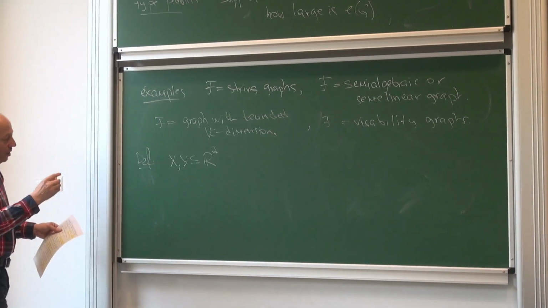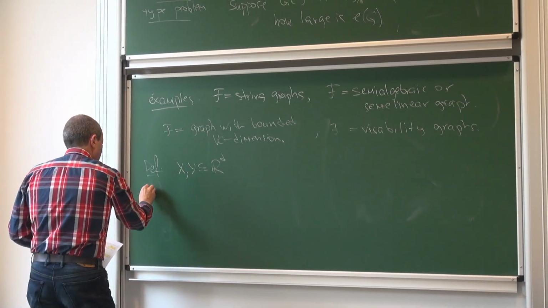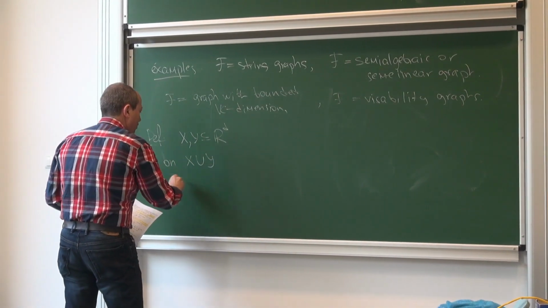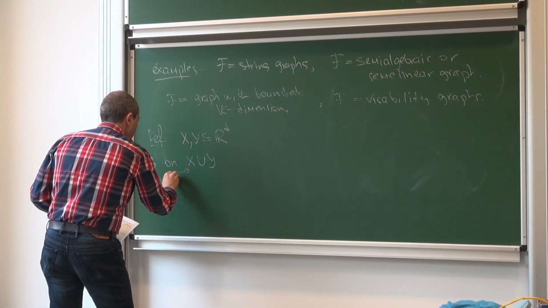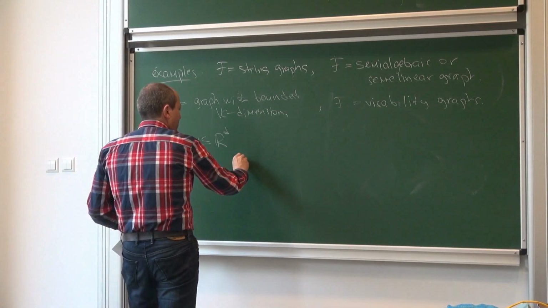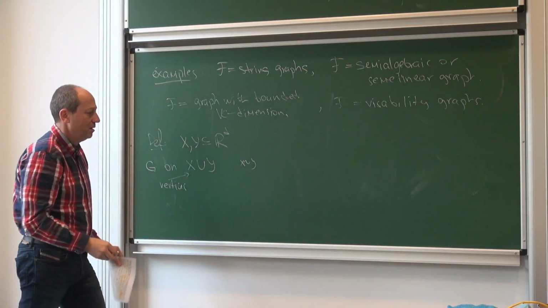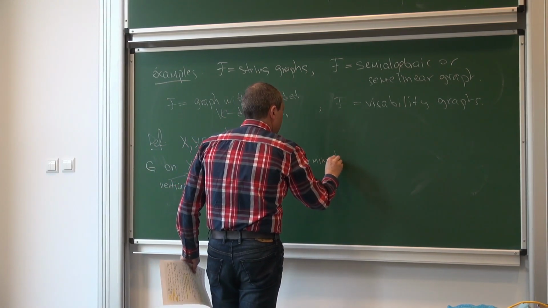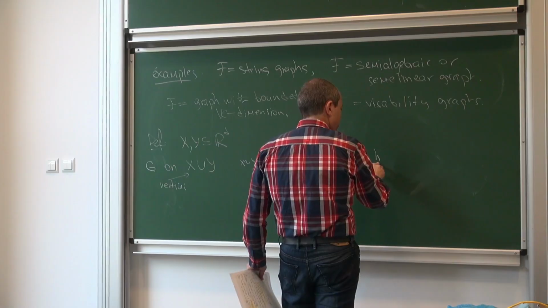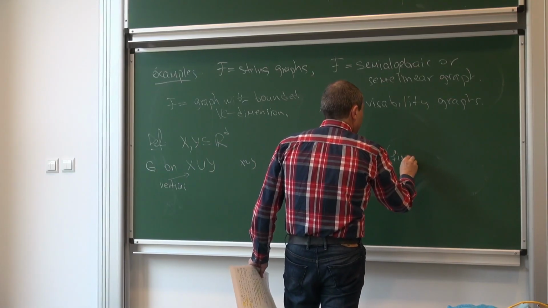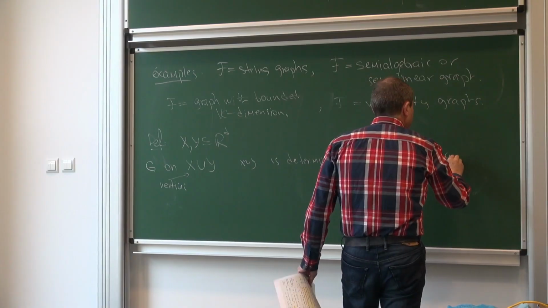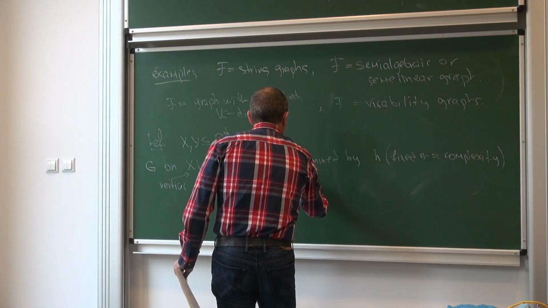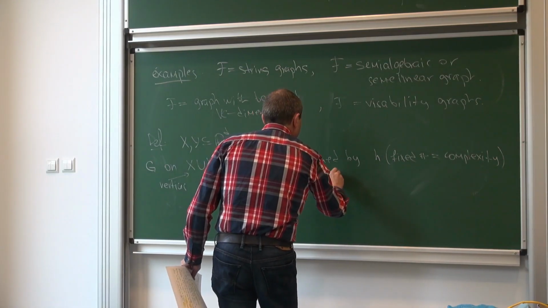So a semi-linear graph G is on this vertex set X union Y. So these are the vertices, and then whether X is connected to Y is determined by, say, h, some fixed number, what we call complexity, of linear inequalities.